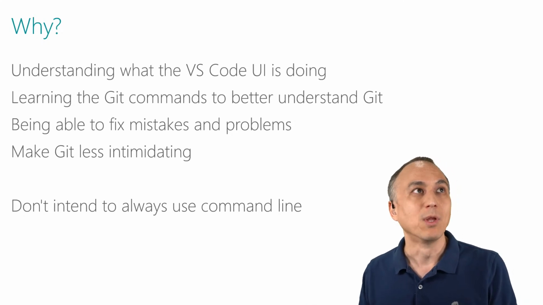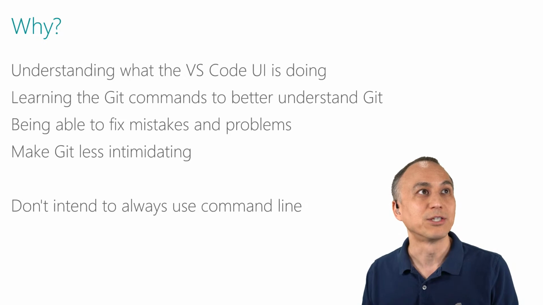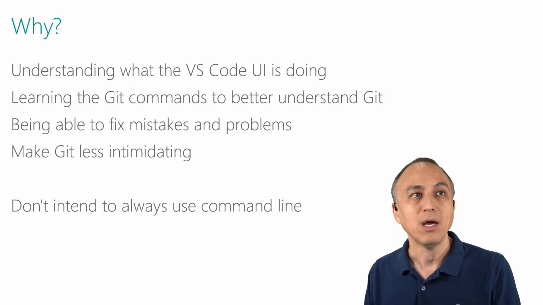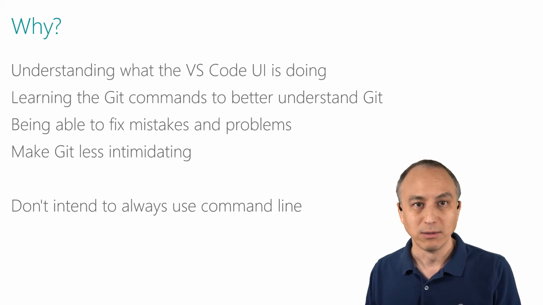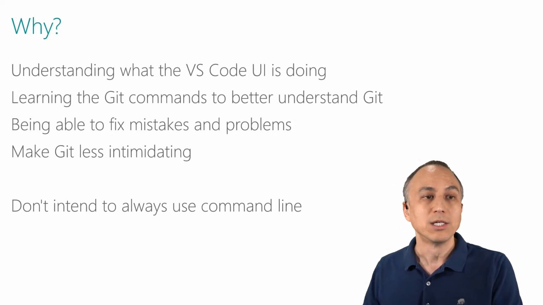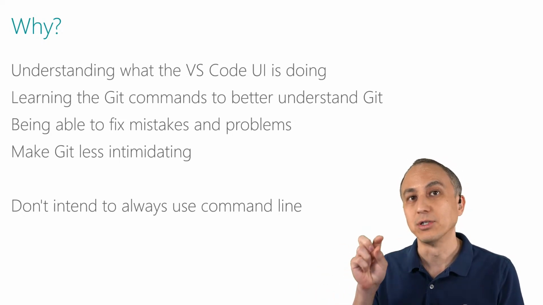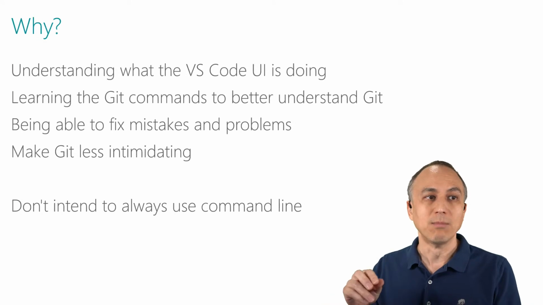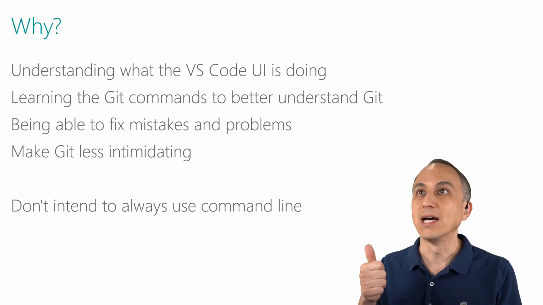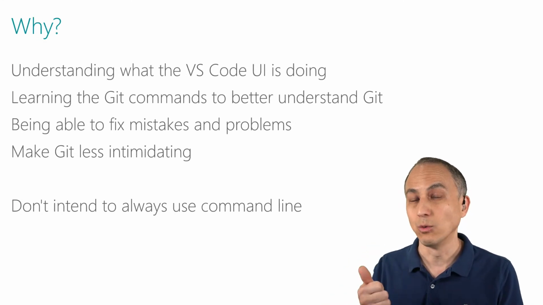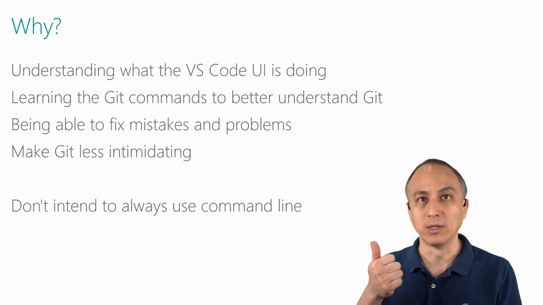So with that, let me just make sure everything is still working here. We are good. Now that I'm working with AL and Business Central and VS Code, my goals are, first, to understand what the VS Code UI is doing when I click a button or stage or commit.